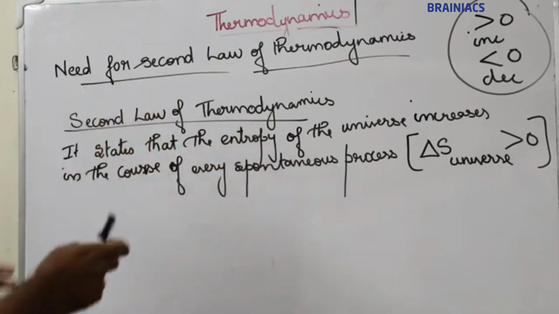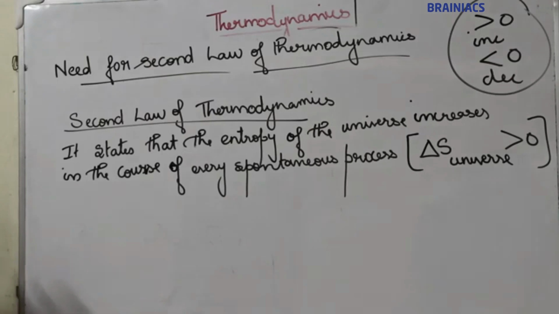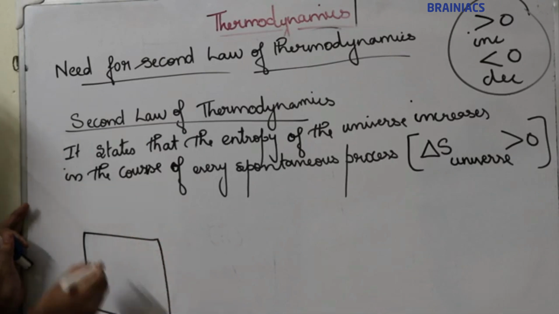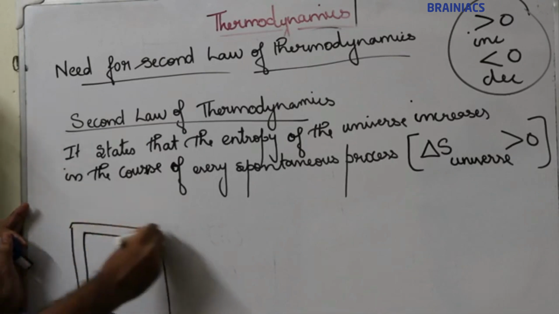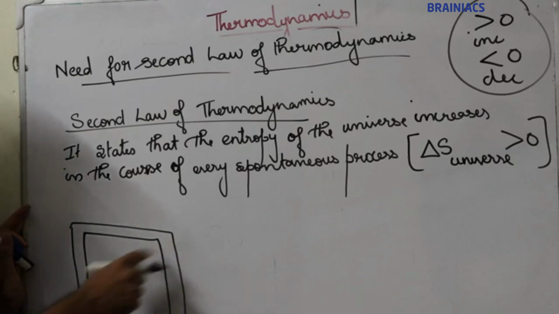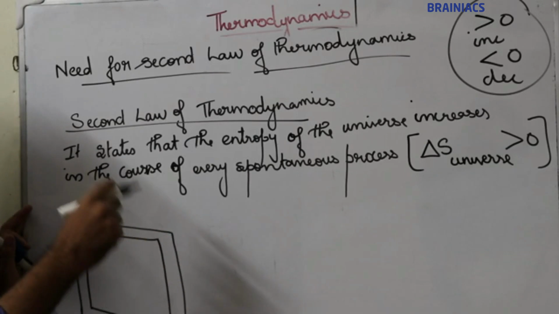I'll explain this statement by using two examples. Consider an isolated system. What is an isolated system? Between system and surrounding, there is no exchange of energy.